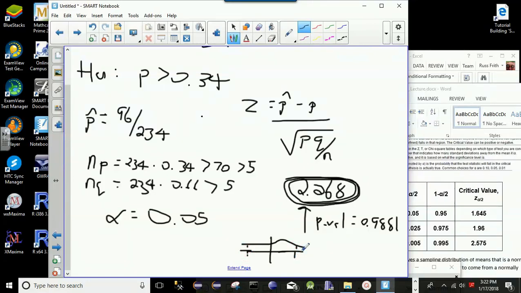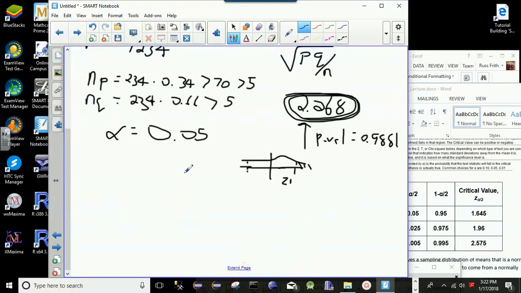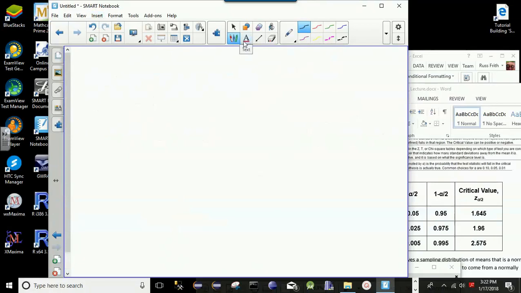So if it's a right-tailed test, the p-value, let me do a better job.